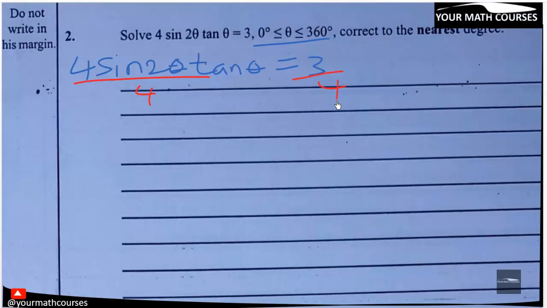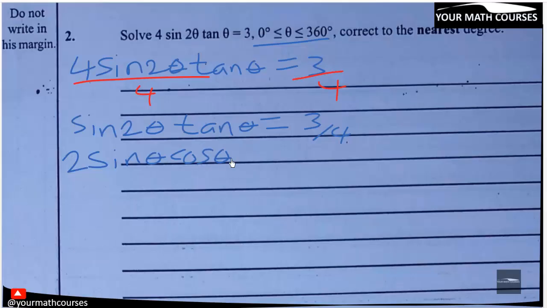So we have sine 2 theta tan theta is equal to 3 over 4. Remember that sine 2 theta is the same as 2 sine theta cos theta, and tan theta is also the same as sine theta over cos theta, equal to 3 over 4.